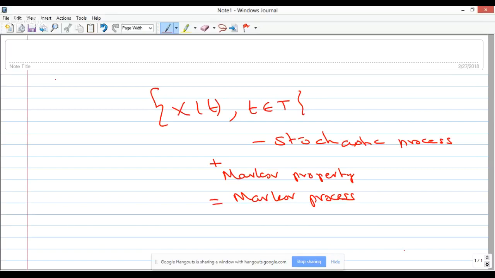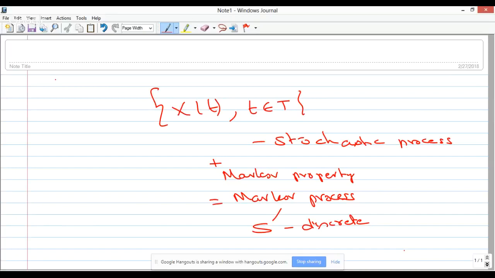Now, the state space, capital S, is the notation I use in most of my classes. Capital S is the state space, the collection of all possible values taken by X of t, for t belonging to capital T. When the state space is discrete, meaning the number of elements in the state space is finite or countably infinite, we say the state space is discrete.